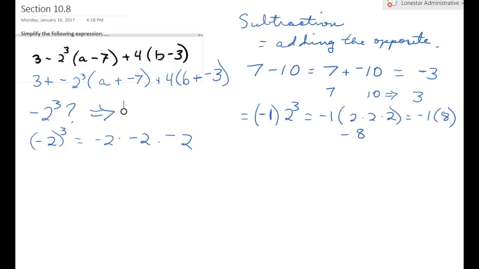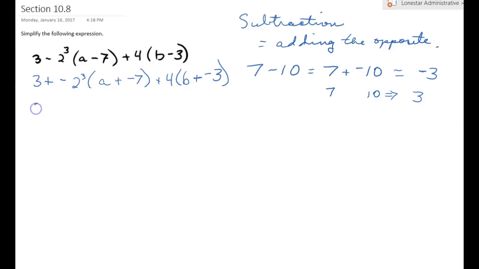Okay, so let's go back to our problem. We have 3 plus, and then that negative sign becomes negative 1 times 2 cubed, which is 2 times 2 times 2, which is 8, times a plus negative 7 plus, and then let's go ahead and distribute this 4. We're going to use the distributive property to get rid of those parentheses.